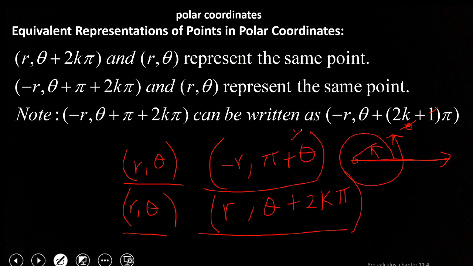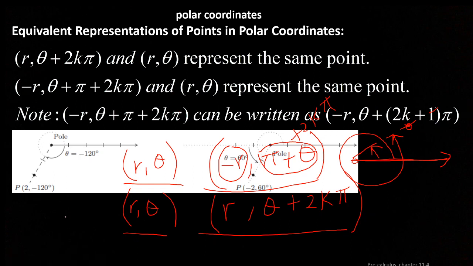So I can write it like this plus 2k pi. It doesn't change anything, you still get to the same point. But of course, this has to be theta plus pi and then plus 2k pi, and r has to be negative, right? So that's how we can make a point with a negative r, basically.